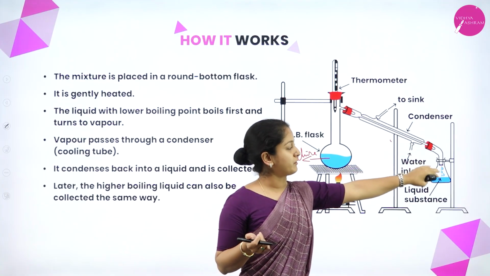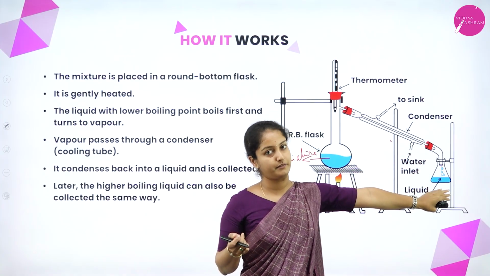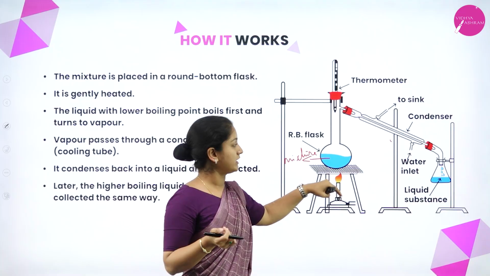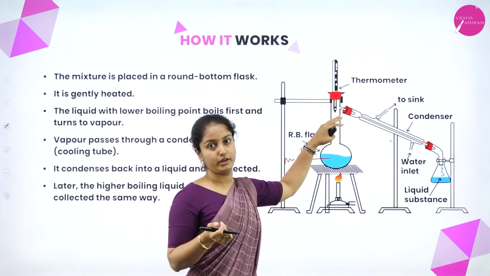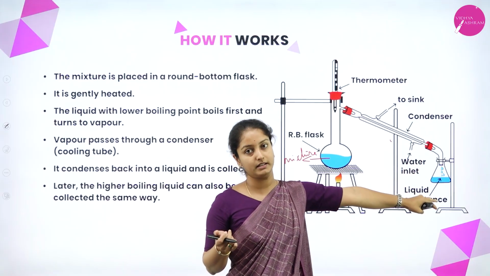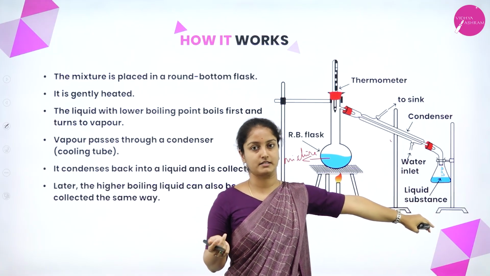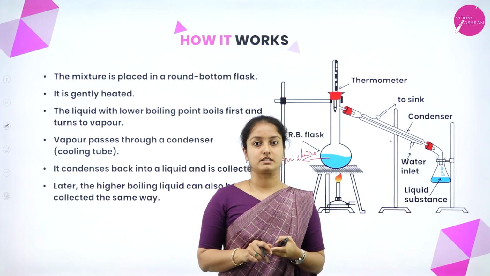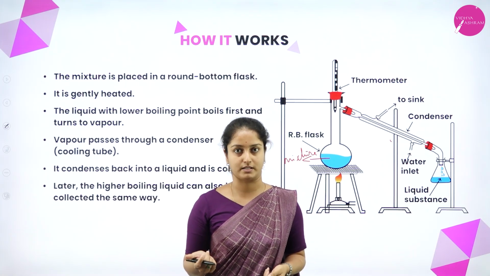This liquid is then collected in the flask, and that is how liquids, when they attain their boiling points, vaporize and can be collected in different conical flasks. So, this type of method is called the distillation process.